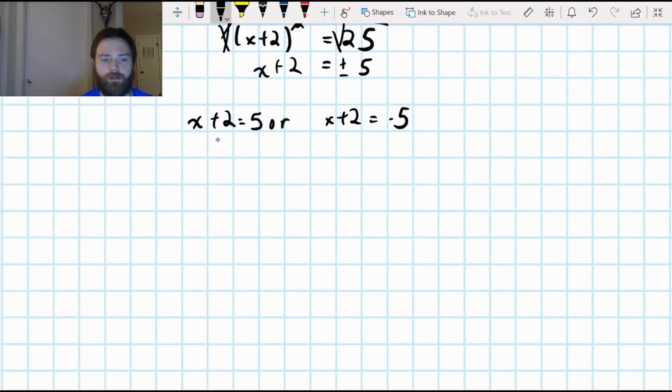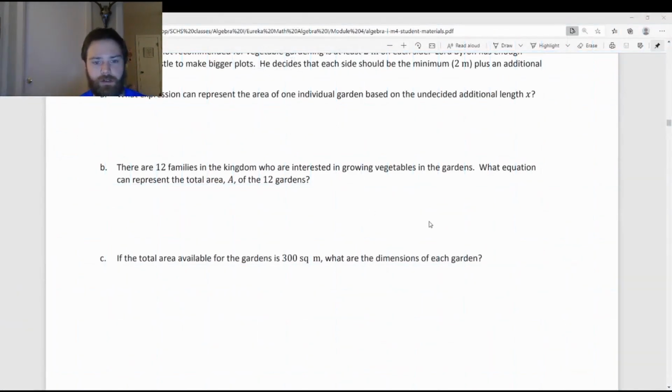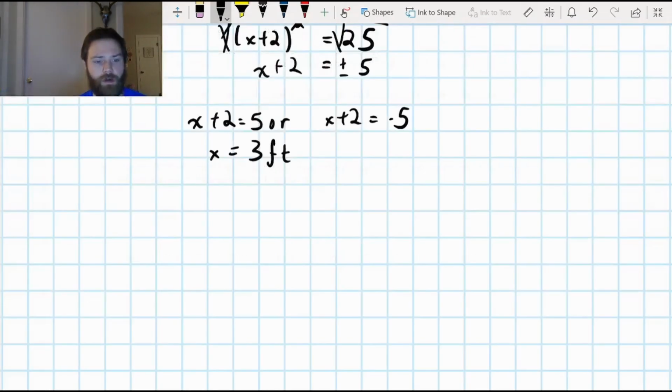If I subtract 2 from this side, I get X is equal to 3, which in this case means feet or meters. So let's check. Always have to check. It's meters, up here it says meters. So over here, I should probably fix that. Whatever unit they give you, that's the unit you're working in. So that's 3 meters. And over here, if I subtract 2, I get X equals negative 7.